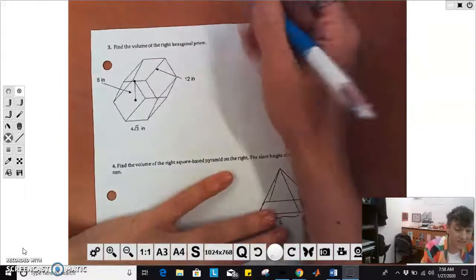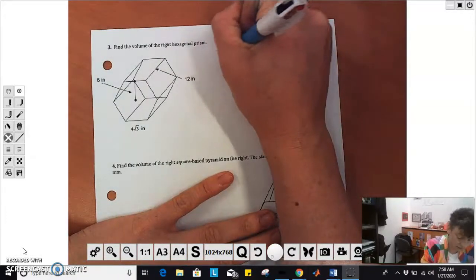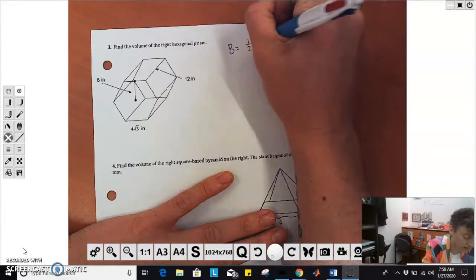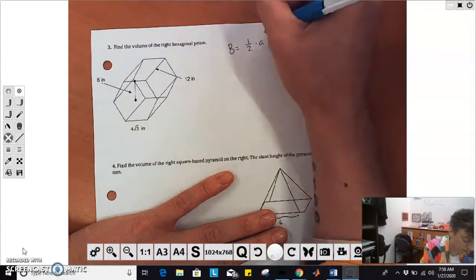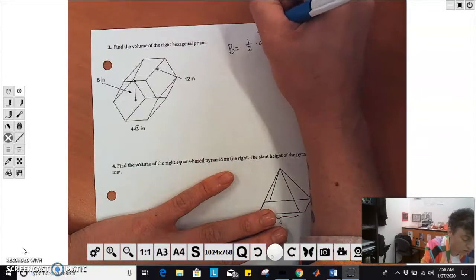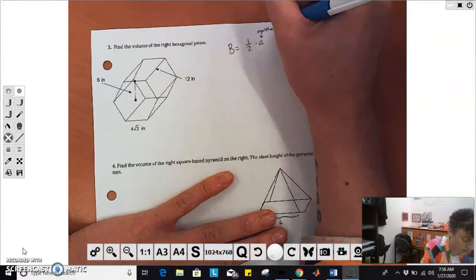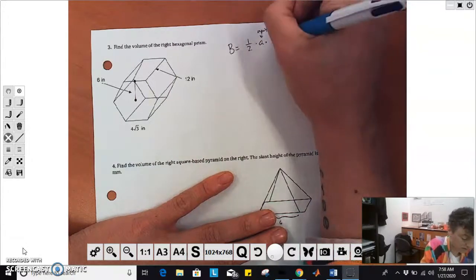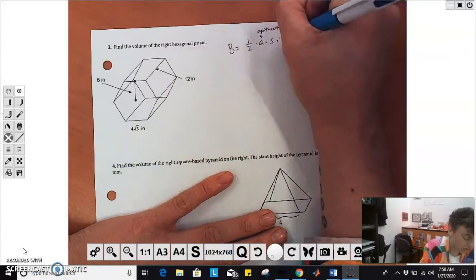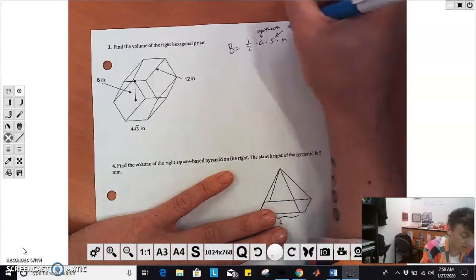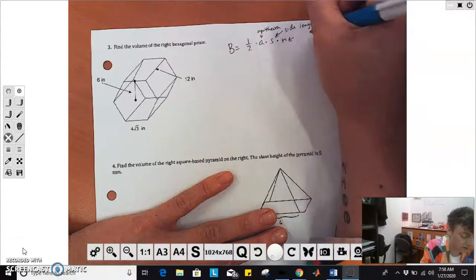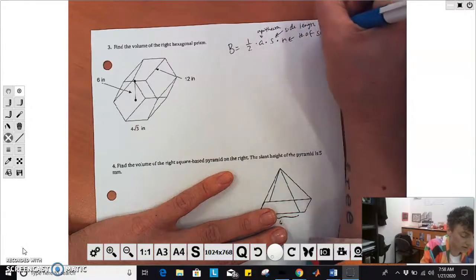The area of this base, our B here, is going to be 1/2 times A, which is our apothem, times S, times N. So S is going to be the side length, times N is the number of sides.